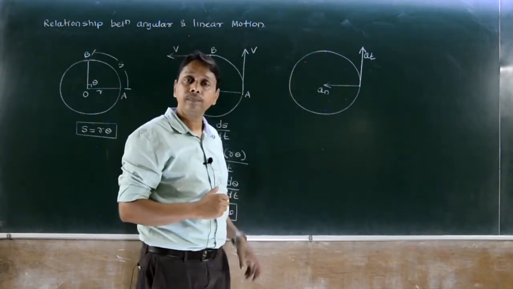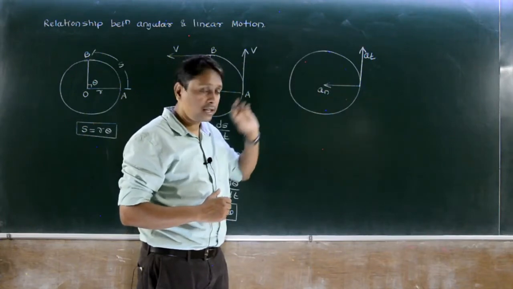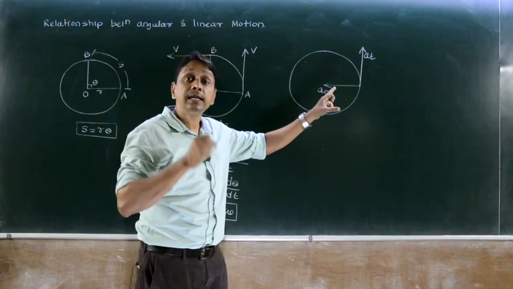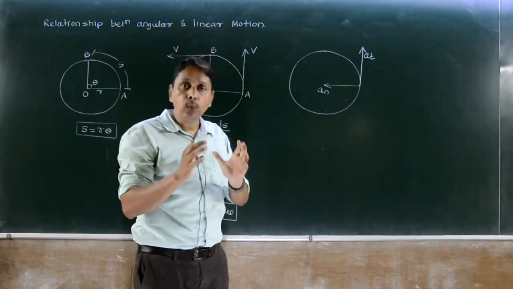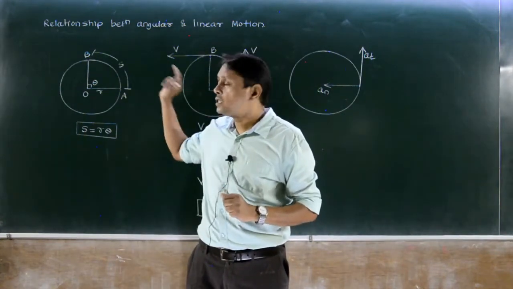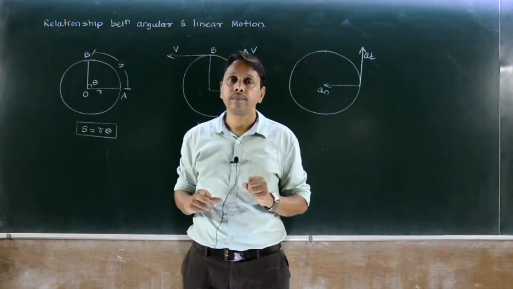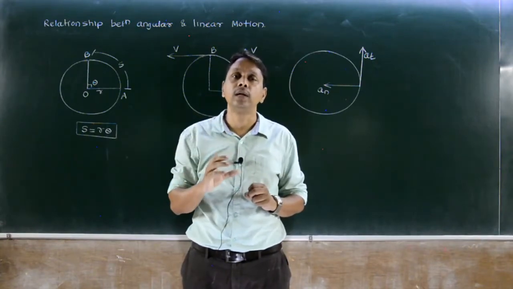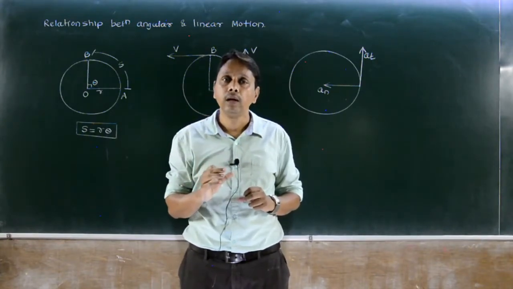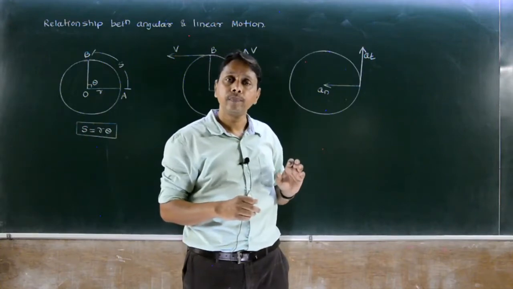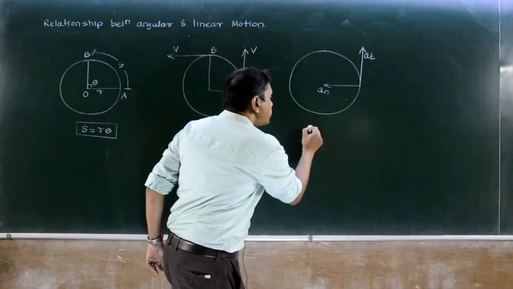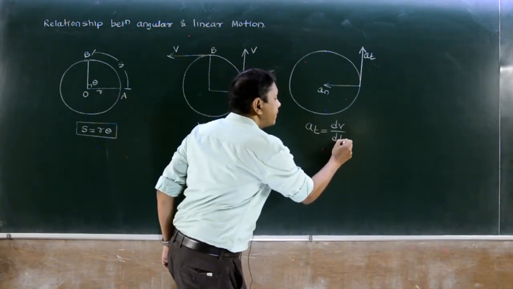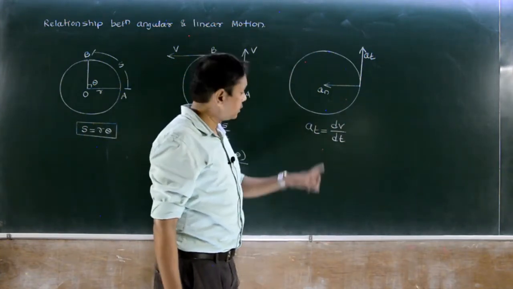The tangential acceleration is the acceleration with which the body travels the linear distance s. We use this acceleration when solving linear motion, s equals ut plus half at square. So a is nothing but a_t, the rate of change of tangential velocity, dv by dt.